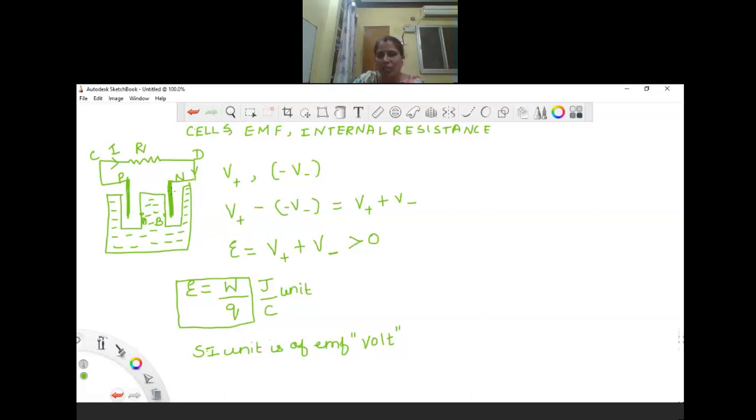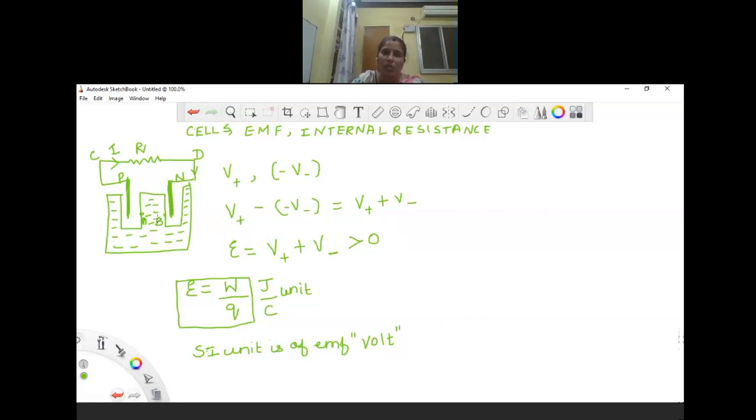Before we go into detail about these two cases, I want to explain one more thing very clearly: what is the internal resistance? The internal resistance is nothing but the resistance offered by the electrolyte to the flow of current.